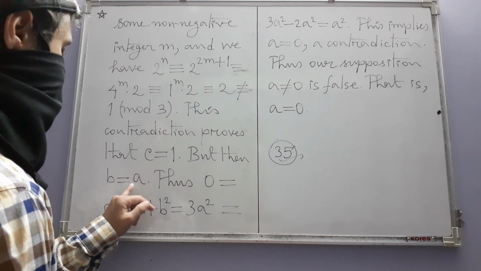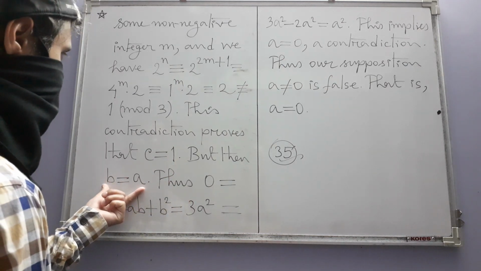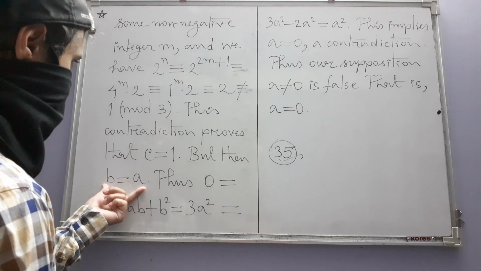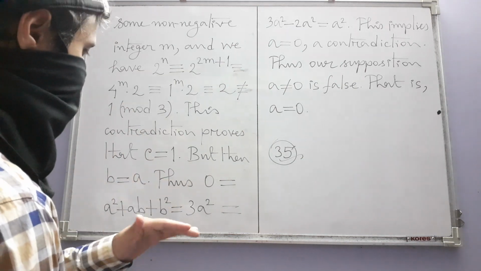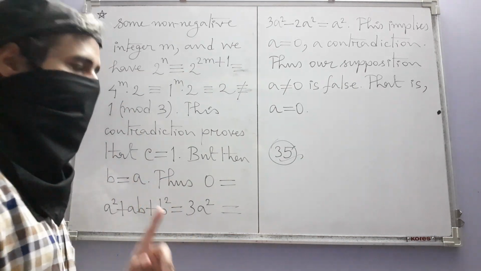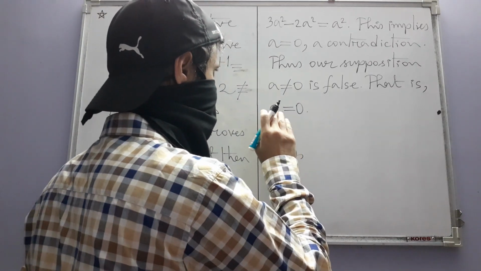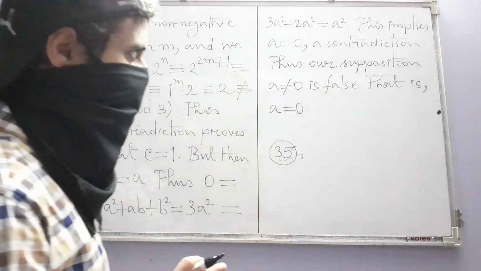No, we cannot use a equal to b here, because this condition is something that we have obtained as a result of those suppositions, and one by one we have proved that all the suppositions are wrong, and that is why we have just simply managed to show that a is equal to 0.